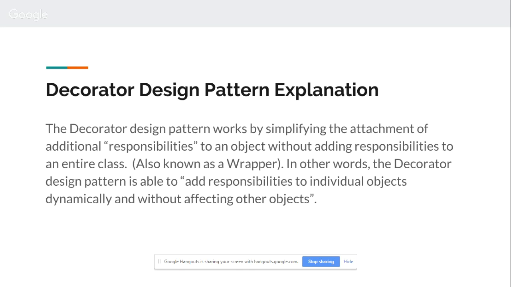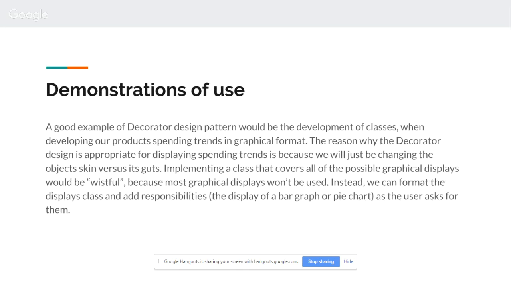And like I just said, the decorator design pattern is a wrapper. If you've ever done any object-oriented design, at least at BYUI, you have some experience with wrappers. It's the same thing. A good example of the decorator design pattern would be the development of classes, and more so when we're developing our product spending trends in graphical format.